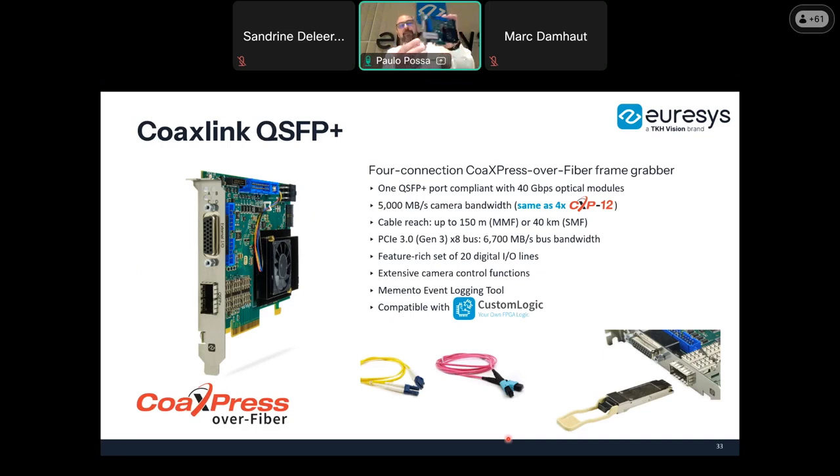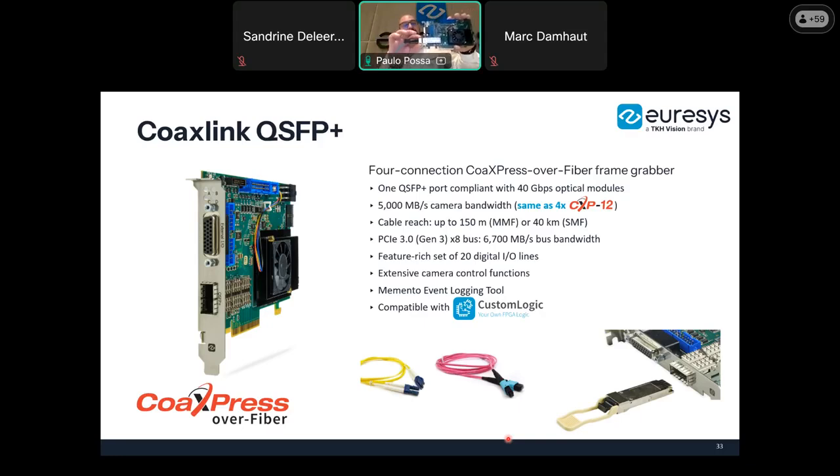So instead of having the HD BNC to connect coaxial cables, we have a QSFP Plus connector. And to connect the fiber here, we can use these optical QSFP Plus modules. And it's quite easy. You just click the module inside of the QSFP Plus cage.